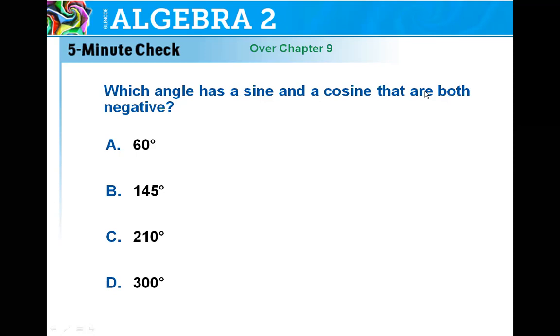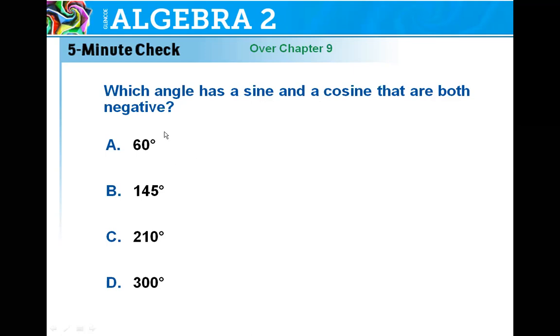Al-Walid, hello. Which angle has a sine and cosine that are both negative? It means in which quadrant sine and cosine are negative? 210. Excellent, Al-Walid. In the third quadrant.